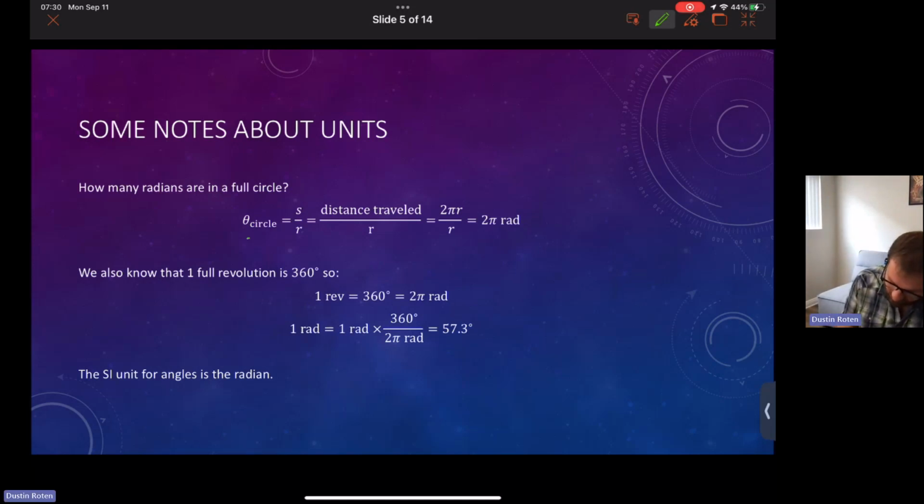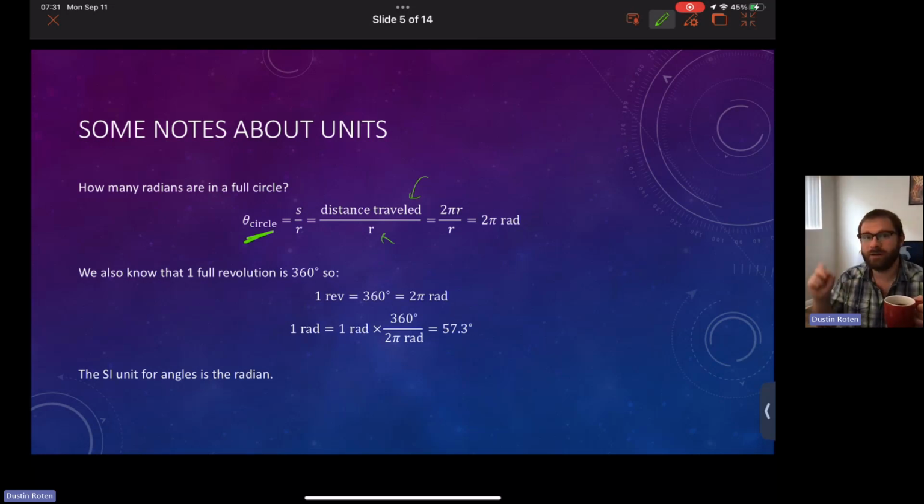We can start and say, we want to know the number of radians in a full circle. Well, we know that's going to equal the distance traveled over the radius of the circle. We don't know what these numbers are, and I know when you start in physics, it's always nice to have concrete numbers to plug in, but we need to get away from that.